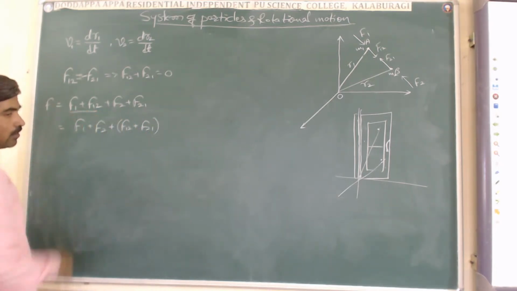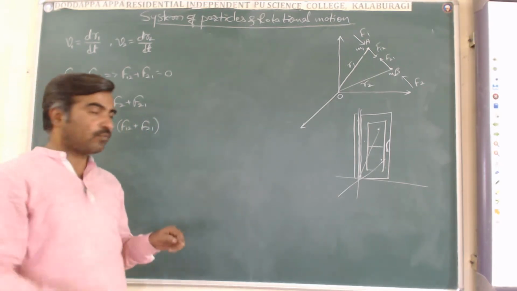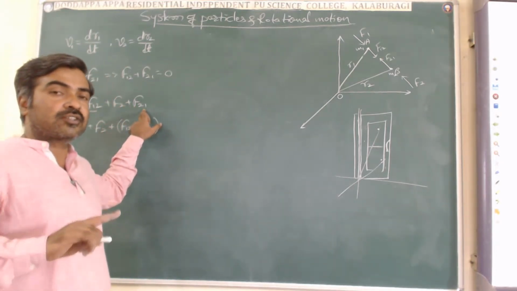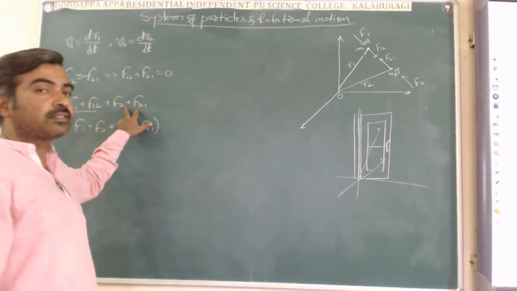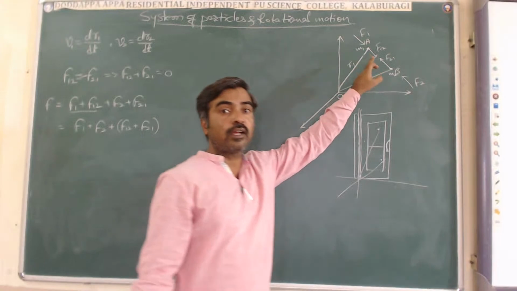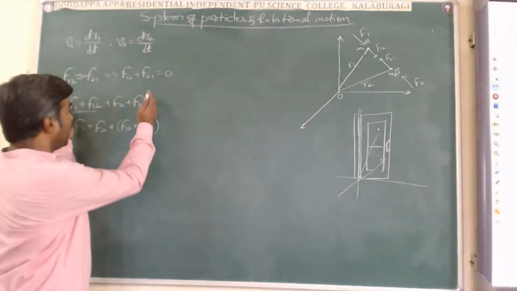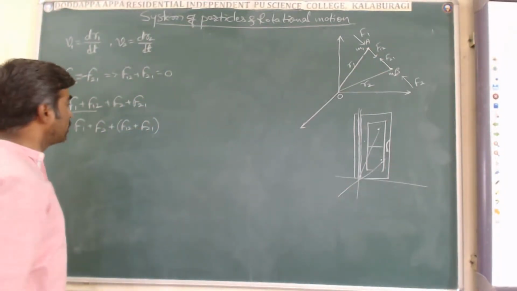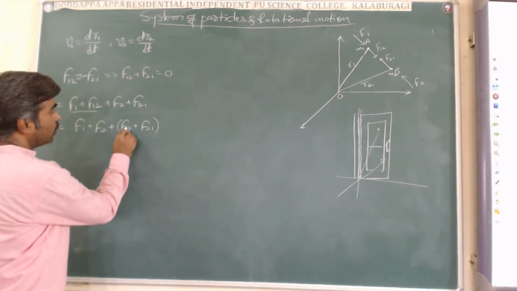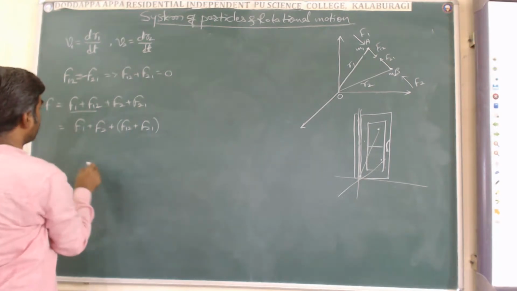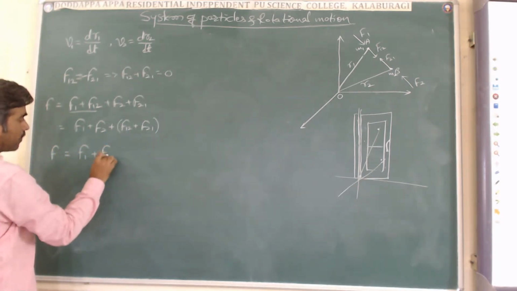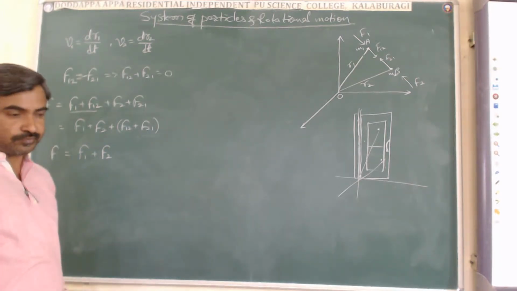Because two forces are acting, external as well as internal, I should add both. As we discussed in Newton's third law, F12 plus F21 is equal to 0. Hence the net force is F1 plus F2 only.